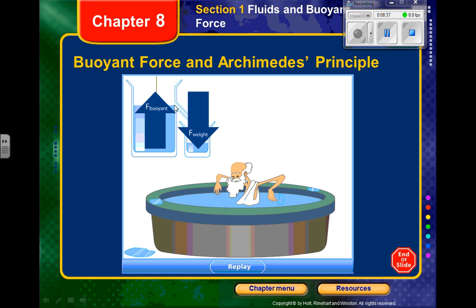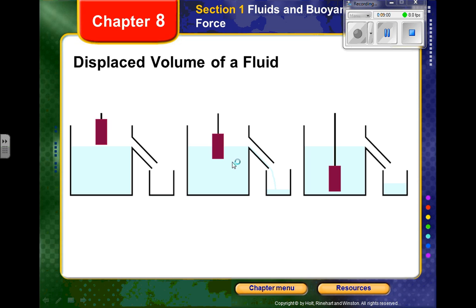So if this is filled up to the top and you drop that brick in, the amount of water that comes out has the same volume as the brick that's submerged. You can then ask, what is the force weight of that water? The force weight of that water, a downward force, is equal to the force that the water pushes up on the brick to make it seem like it doesn't weigh as much.